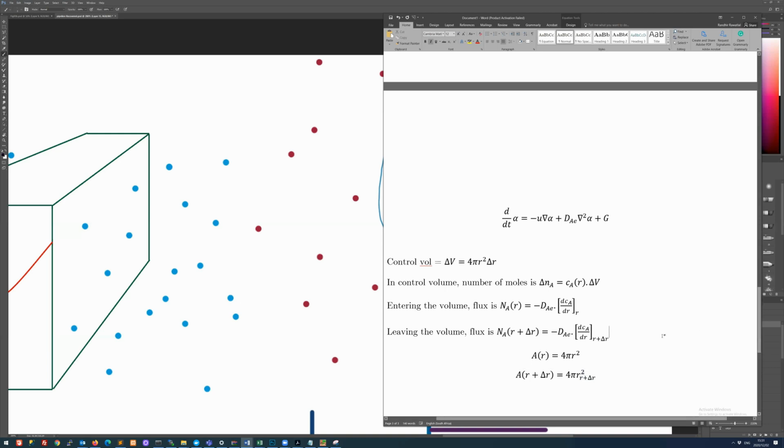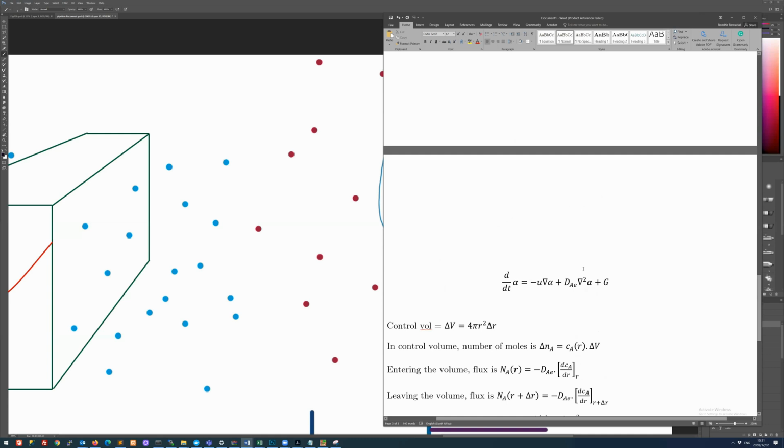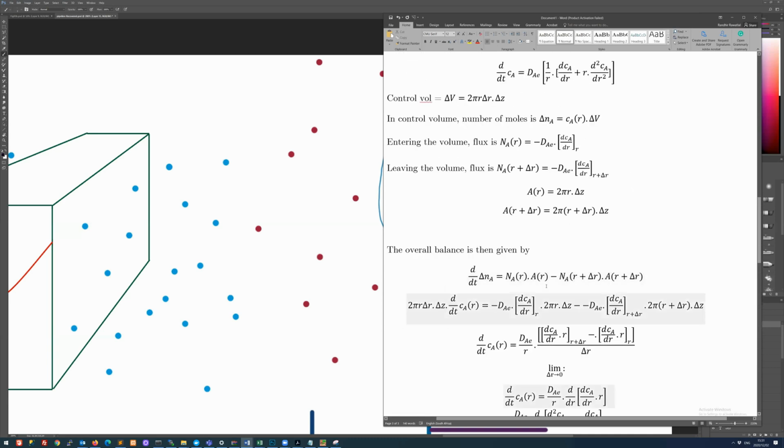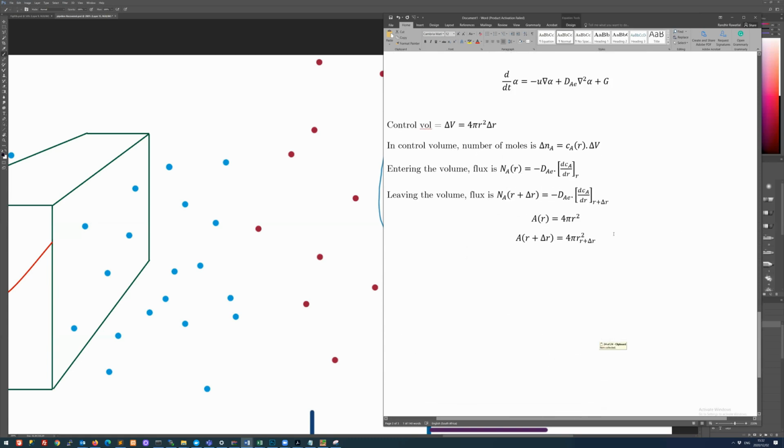Right, so okay, let's put it together. We are interested in our overall material balance, which looks like this.